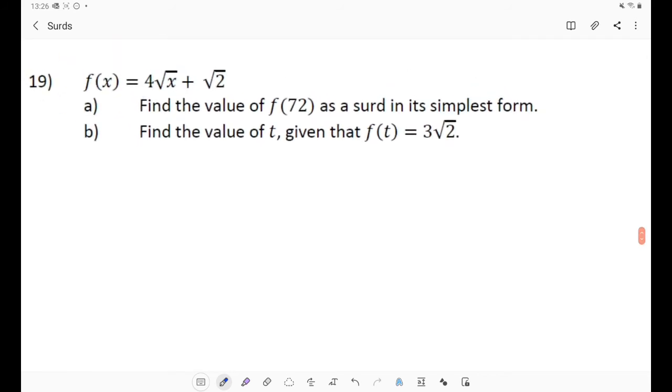f of x equals 4 root x plus root 2. What is function notation? Function notation takes in a value of x and gives you f of x.